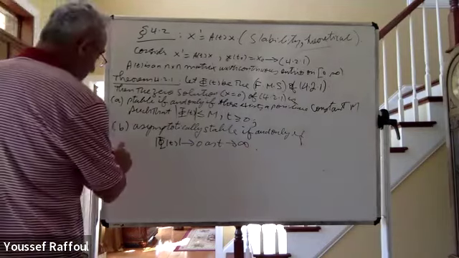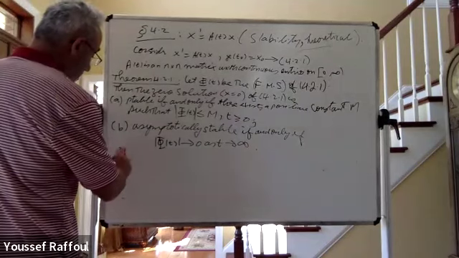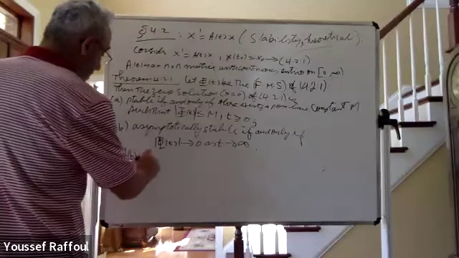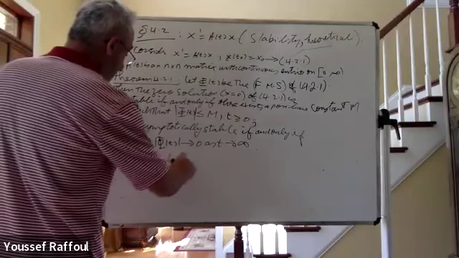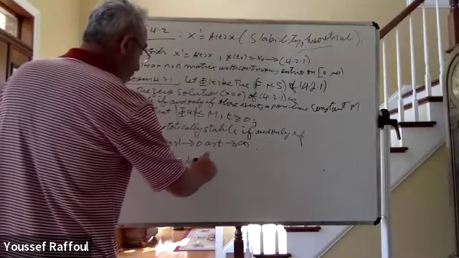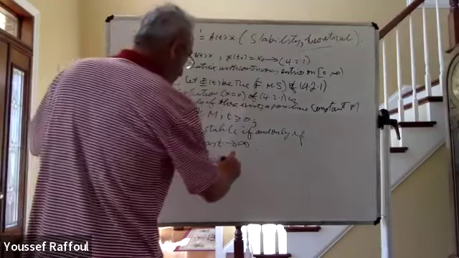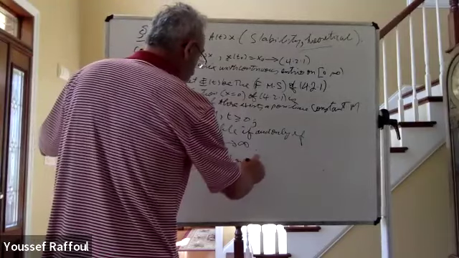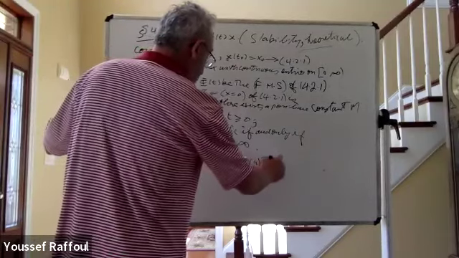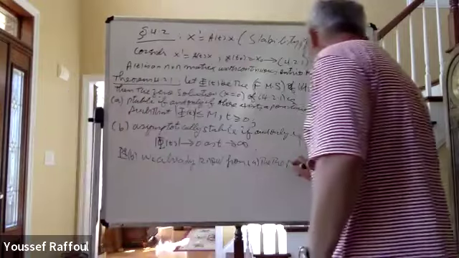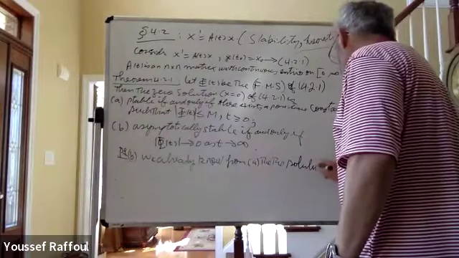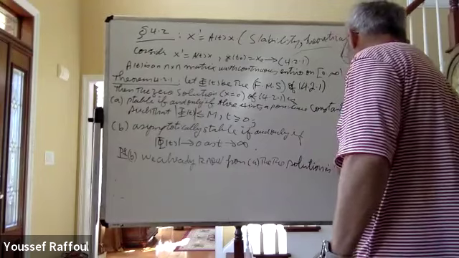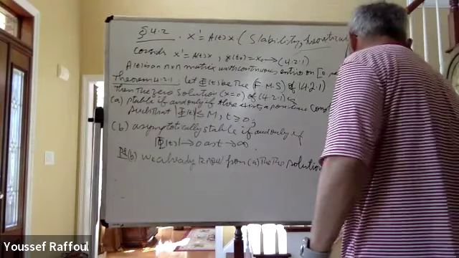Okay, for B, we already know from A that the solution is stable.